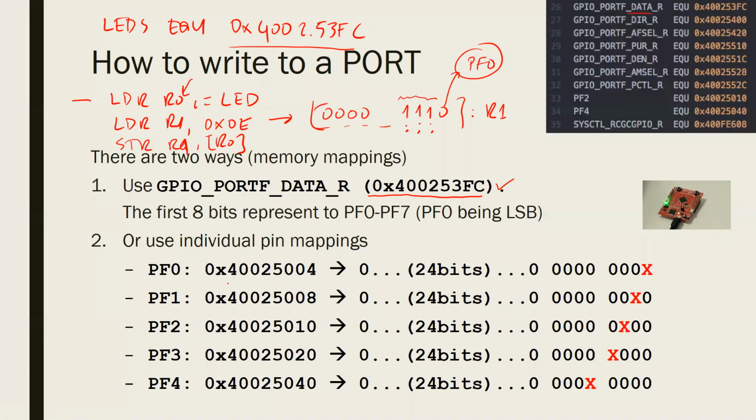For example, this is to reach only the first pin, PF0. You can use this address to reach only PF1, or you can use this address to reach the pins all together. So actually more than one address is mapped to this control register.